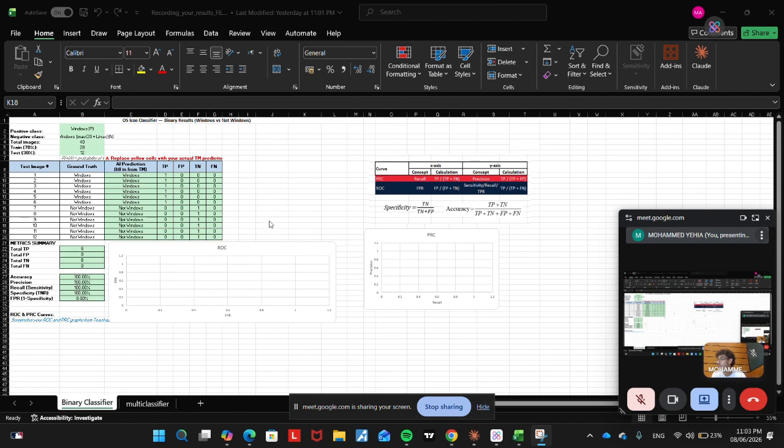For the binary classifier, I report accuracy, precision, recall, specificity, false positive rate, and ROC and PRC curves, which I'll show you at the end.